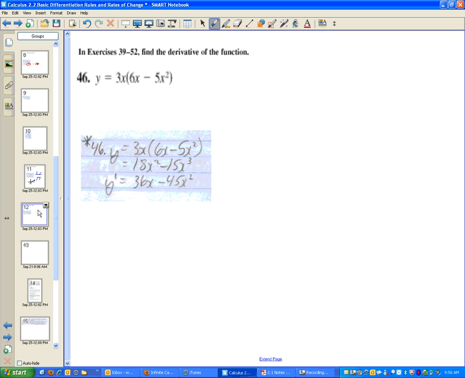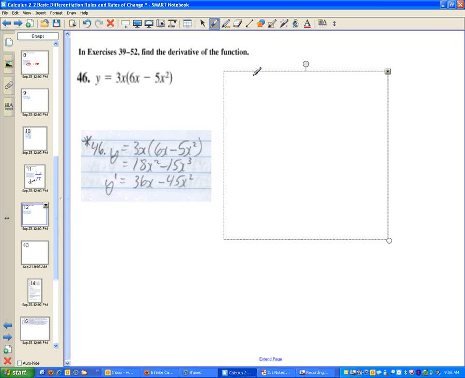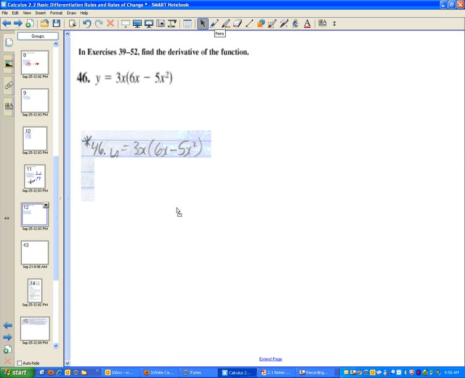46. Told you we were going to do 52 of them today. Find the derivative of the function. All right, so y equals 3x times the quantity 6x minus 5x squared.